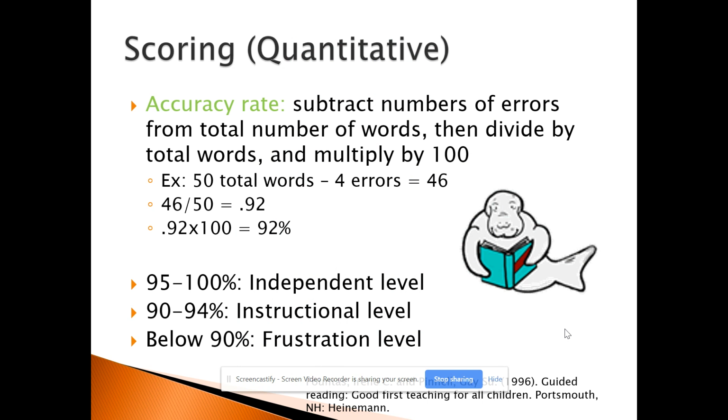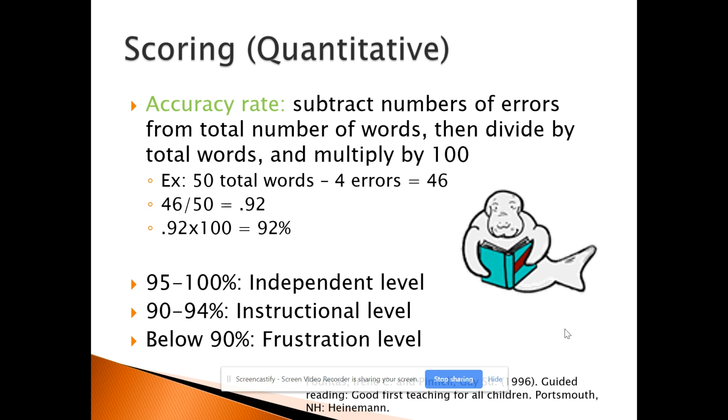Once your student has completed reading the text and you've coded as the student is reading, then you want to do your data scoring. This is quantitative data, which gives you numbers that explicitly tell you where your student's reading level is. We first find the accuracy rate. And the accuracy rate tells us what level of reader our student currently is. So you've got all these numbers.